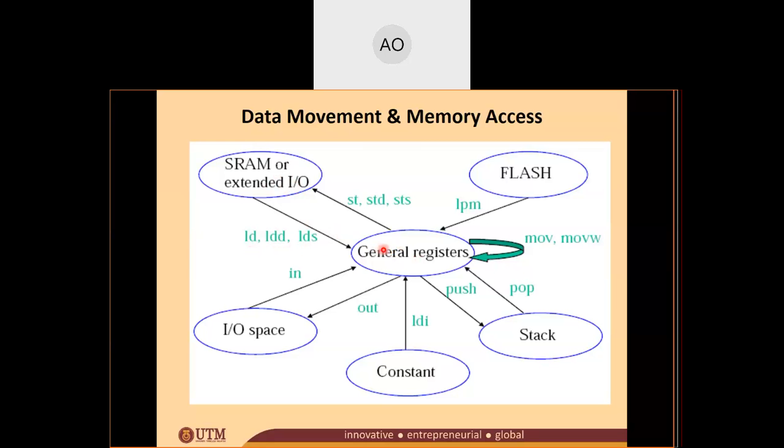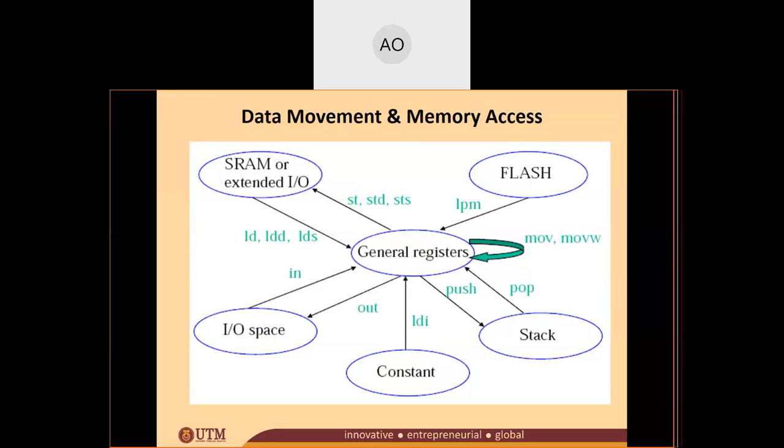If you want to copy or store data from GPR to RAM, you're going to use the ST, STD, and STS instructions. If you're going to do data movement between GPR and your IO register, you can either use IN to read data from the IO register to your GPR, or OUT to send the data from GPR to your IO register.